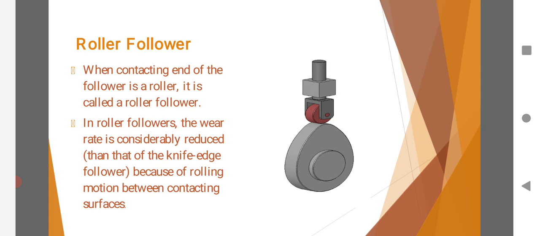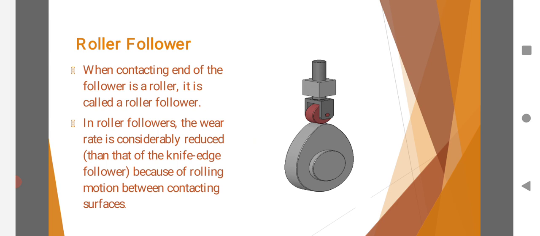Next one is roller follower. When the contacting end of the follower is a roller, it is called a roller follower. In roller followers, the wear rate is considerably reduced because of rolling motion between contacting surfaces. In this type of follower, the roller rotates as it moves over the cam's surface.